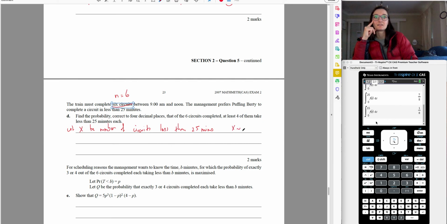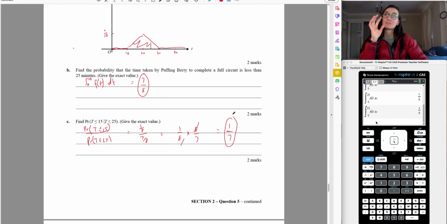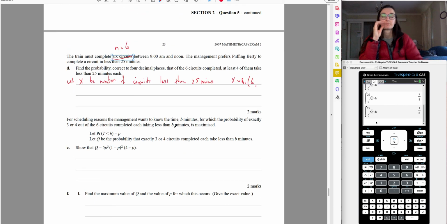So x is binomially distributed with 6 trials, and the probability that it will take less than 25 minutes is 7 on 8. And we are trying to find that out of the 6, at least 4 of them. So probability that x is greater than or equal to 4. That's what we're trying to find.